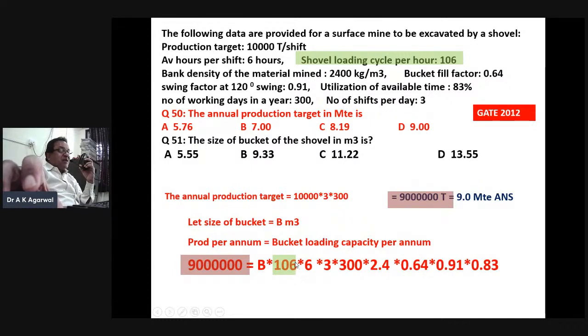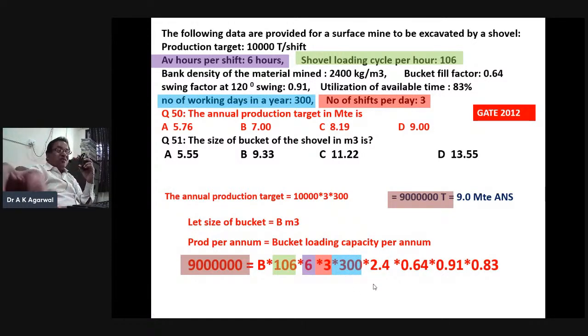In one shift, how many hours are there? 6. How many shifts in one day? 3. Into how many days are there in 1 year? 300.